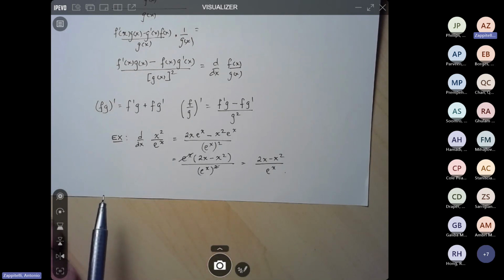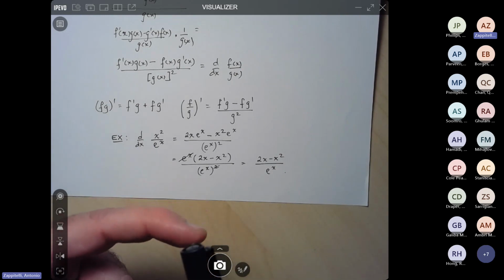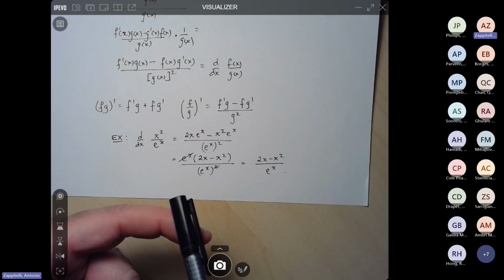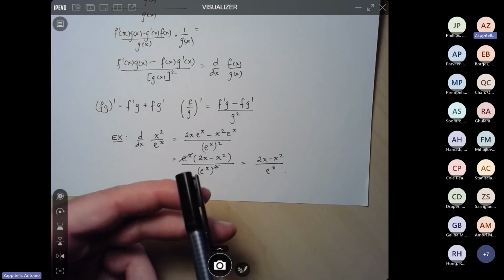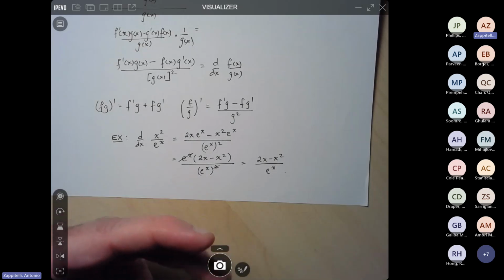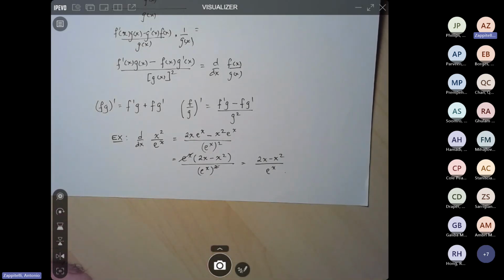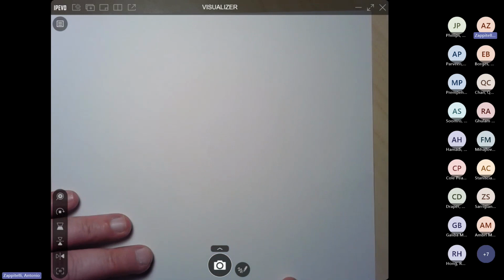Okay. So what you now have is the ability to take the derivatives of sums, differences, products, quotients, and powers of x, plus all those other basic derivatives that you had last time or from the previous unit. Now that we have the quotient rule, we can add another group of functions for which you can find the derivative.